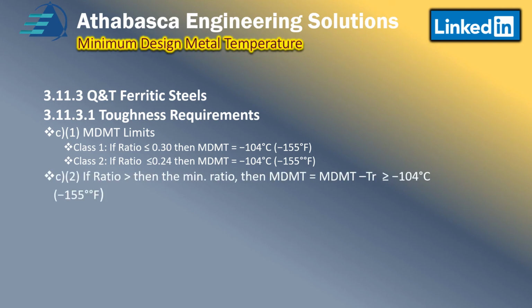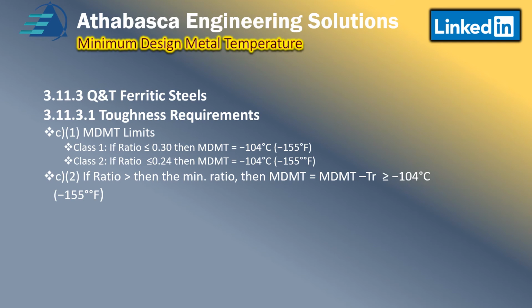Now, C2: if the stress ratio is greater than the minimum ratio, meaning above 0.3 or 0.24 respectively, then you take the MDMT minus TR, but it must be greater than minus 104 degrees centigrade.